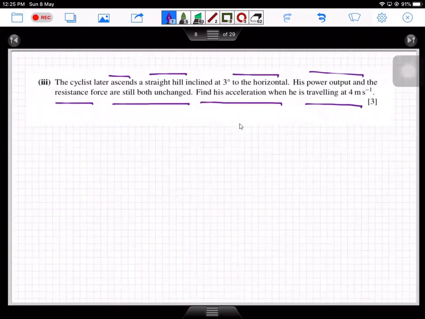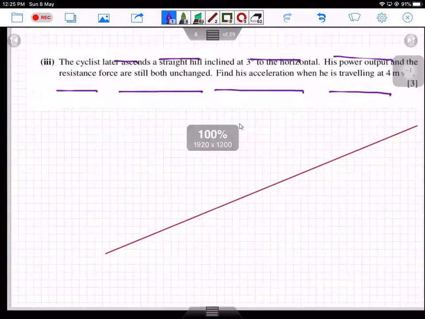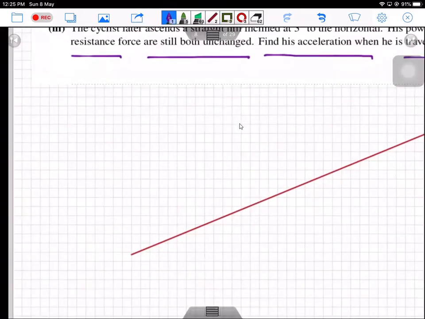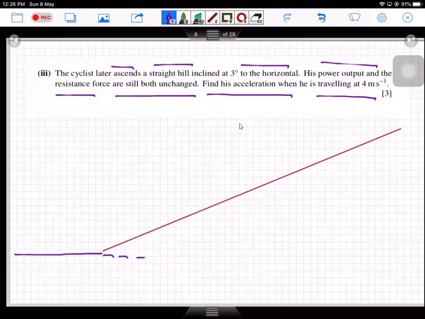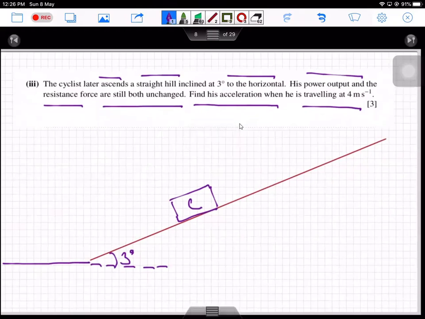Now the cyclist is traveling on a hill which is inclined at 3 degrees to the horizontal. Here we had the journey in part 1 and part 2. Now he is on the inclined hill which is at an angle of 3 degrees to the horizontal. Particle C, the cyclist and his bicycle, is over here.